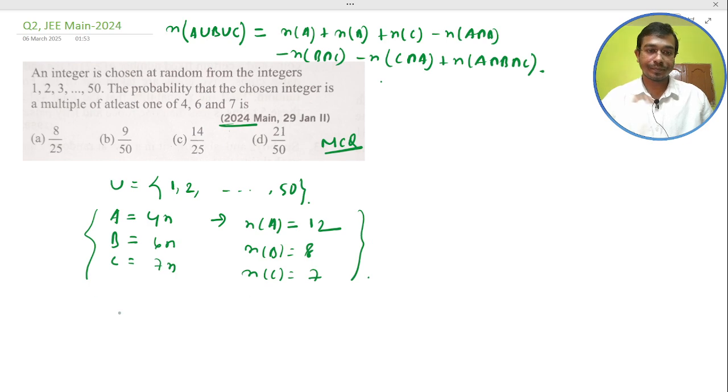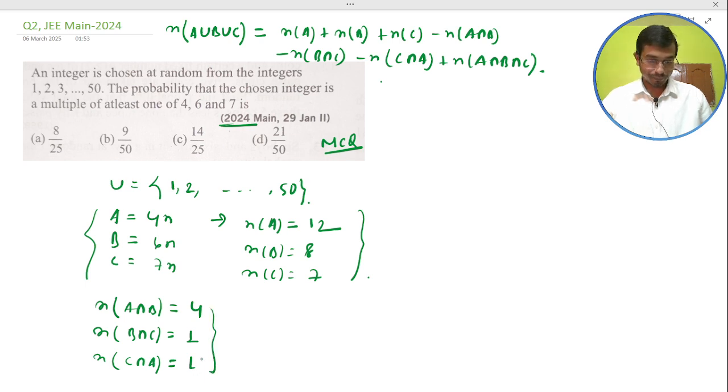So now, n of A intersection B, the common is 4. n of B intersection C should be 1. n of C intersection A should be 1. And n of A intersection B intersection C should be 0.